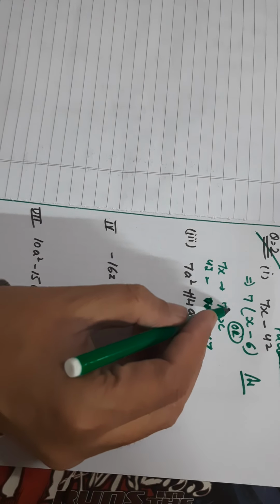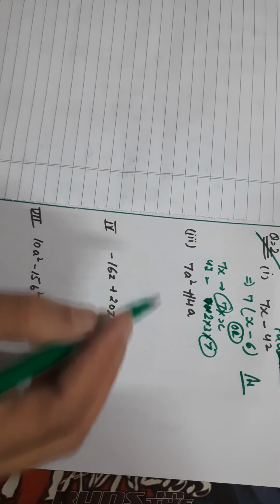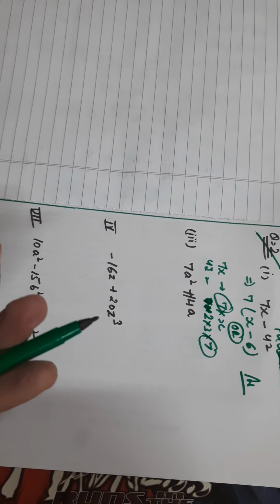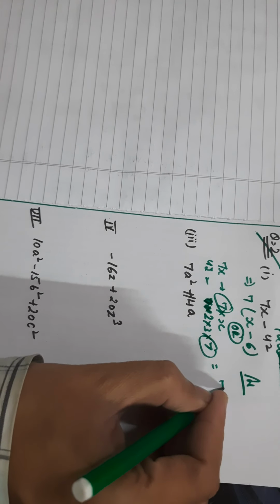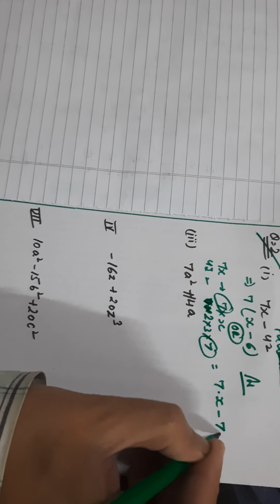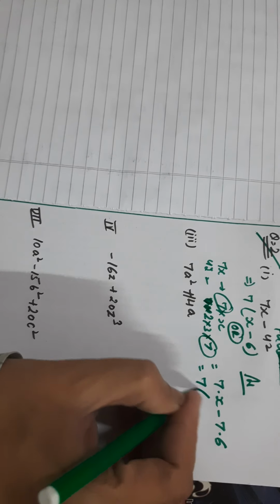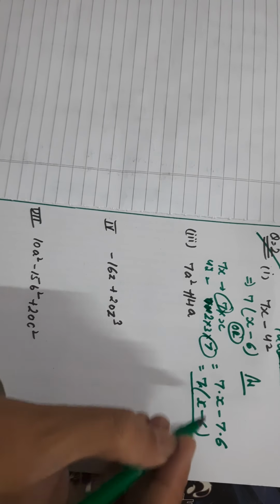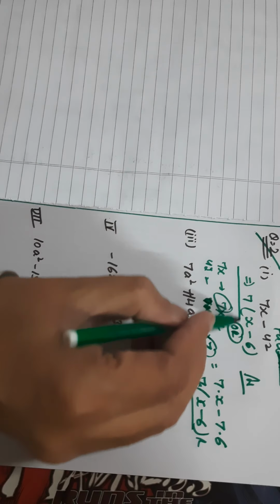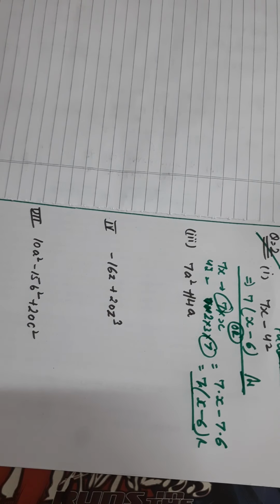Now common value only 7. Can you find any other thing? No. So we will take 7 common. 7 into x minus 7 into 6, 7 times x minus 6. So factors are 7 and x minus 6. Whichever way you find it easy, you can do it.